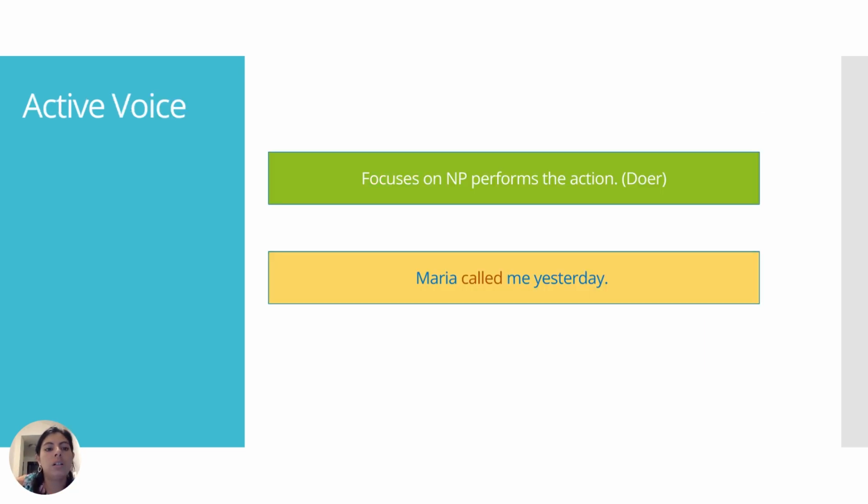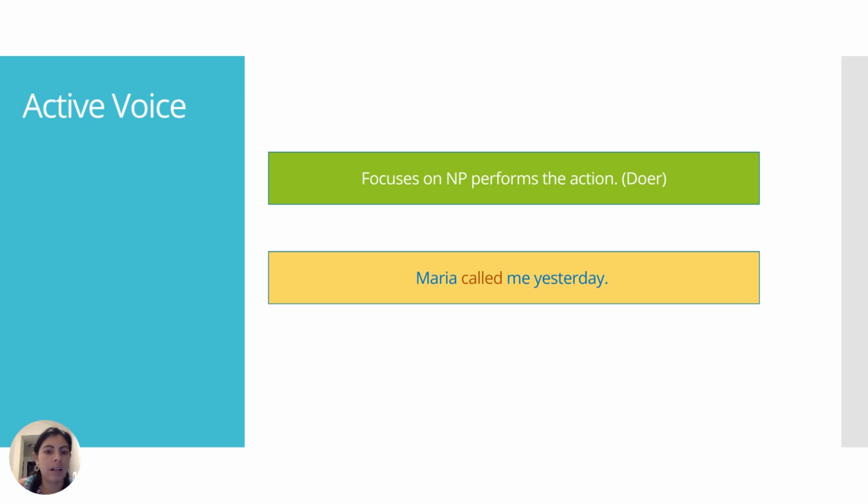The active voice focuses on the noun phrase that performs the action. In this case, it is the doer. For example, Maria called me yesterday. As we can see here, we have two people in this sentence.